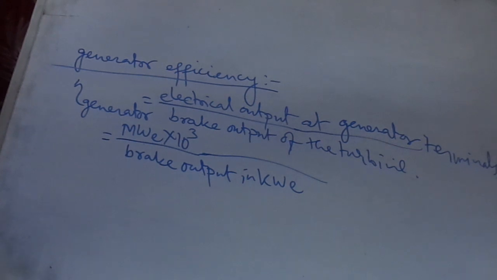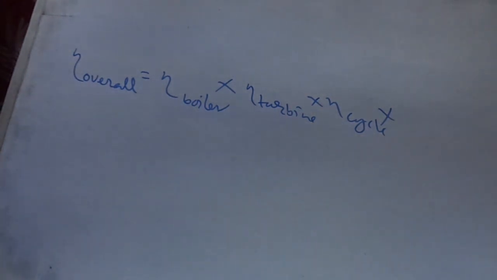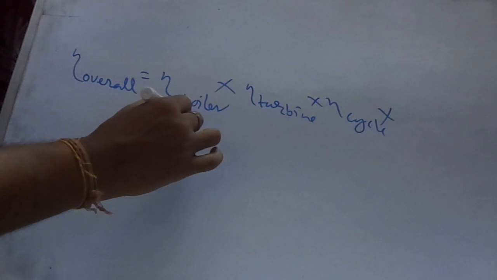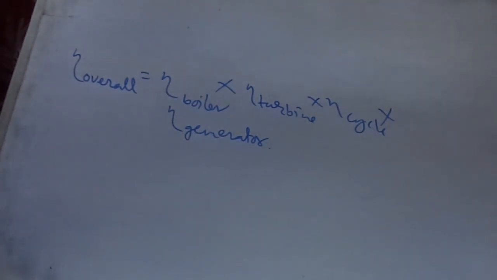And very important, overall efficiency is the multiplication of these four efficiencies: efficiency of the boiler, multiplied by the efficiency of the turbine, multiplied by the efficiency of the cycle, multiplied by the efficiency of the generator.